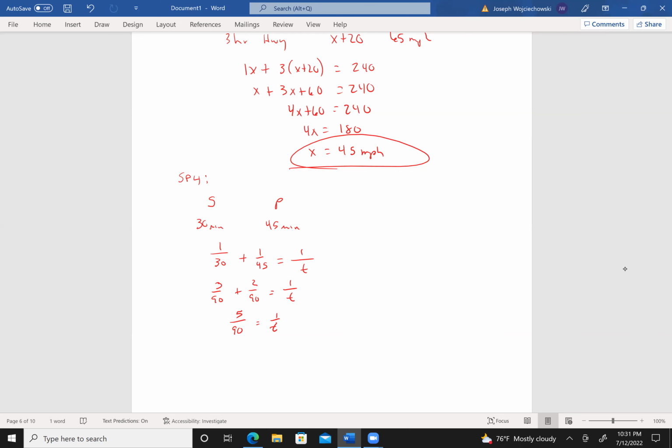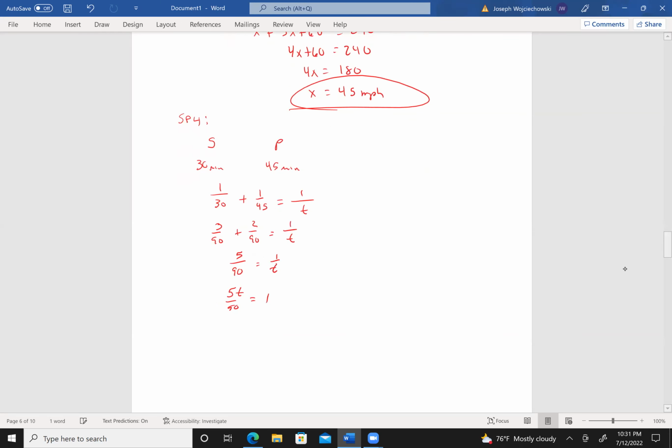So I can multiply both sides by t and get 5t over 90 equals 1. Then I can multiply both sides by 90 and get 5t equals 90. Then I can divide by 5 and get t equals 18 minutes. And that is part A.